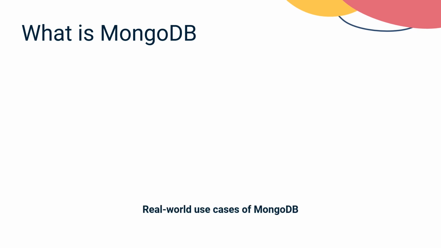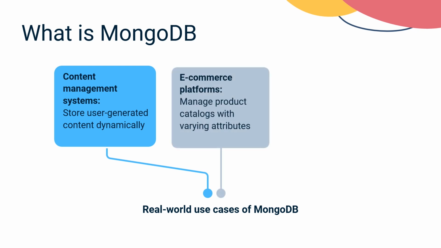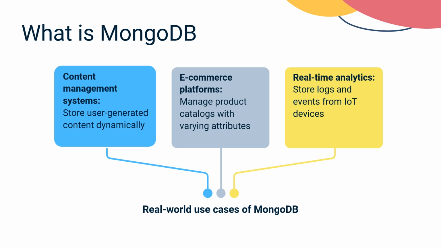Real-world use cases of MongoDB include content management systems that store user-generated content dynamically, e-commerce platforms that manage product catalogs with varying attributes, and real-time analytics that store logs and events from IoT devices.